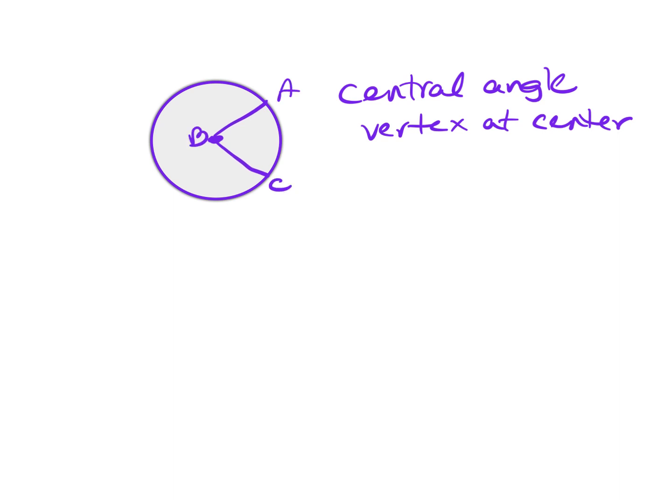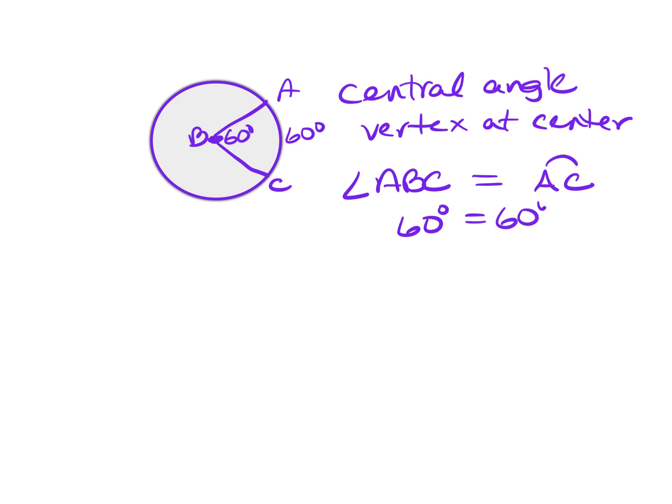And let's say I call this angle the central angle ABC. Remember, its intercepted arc, the arc AC, is going to be equal. So if I told you this angle is 60, then its intercepted arc would also be 60. This is when you have a central angle.